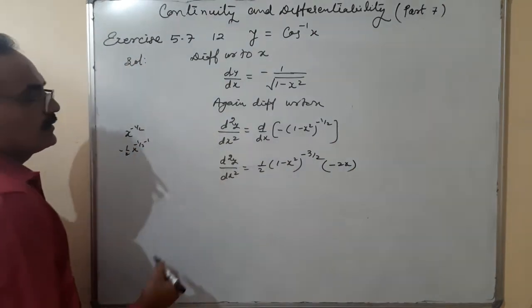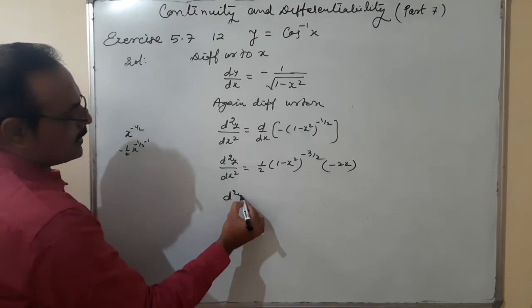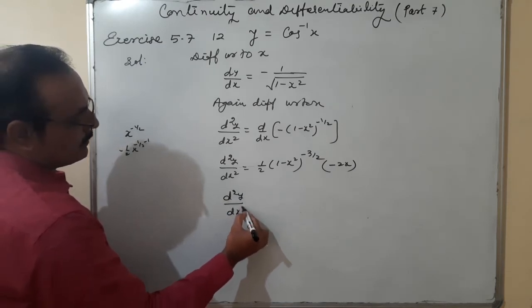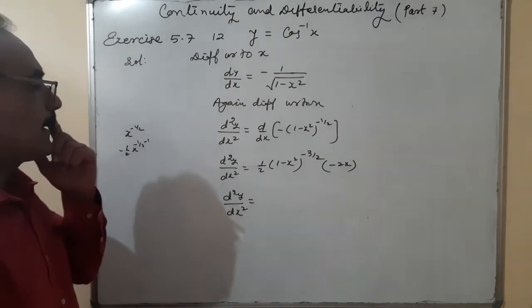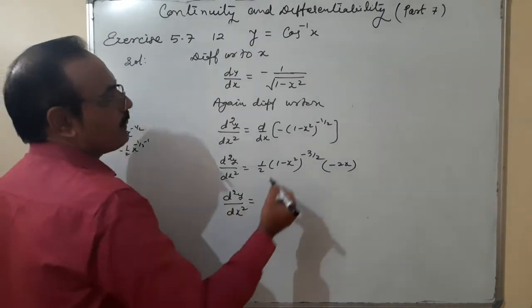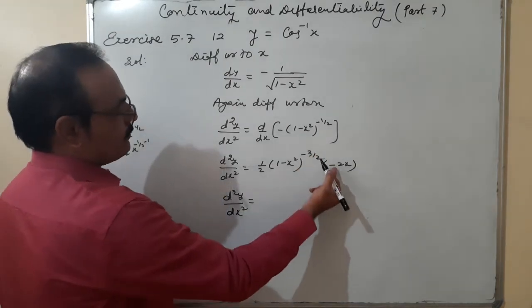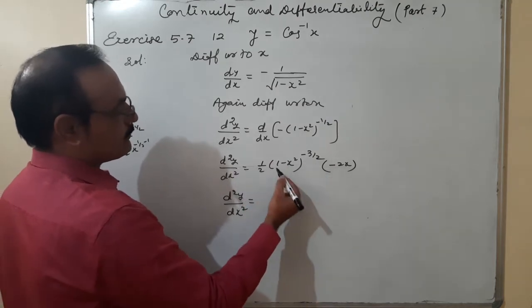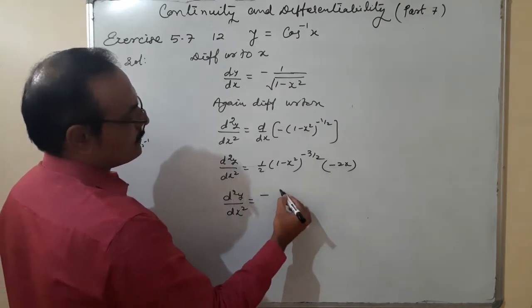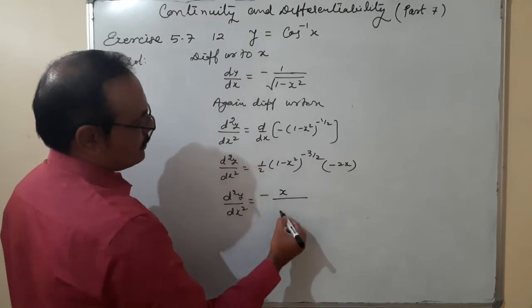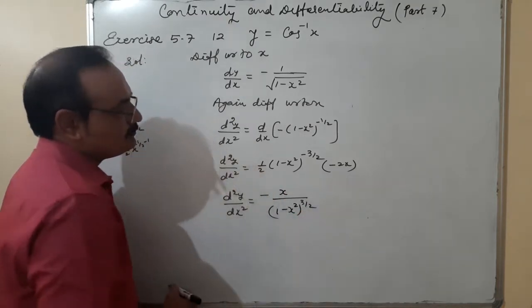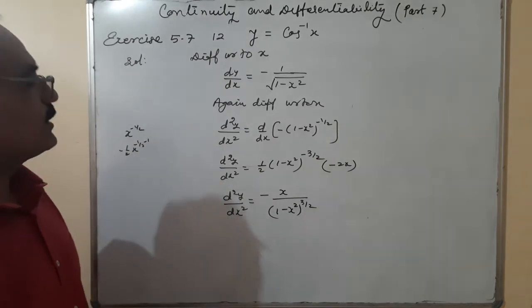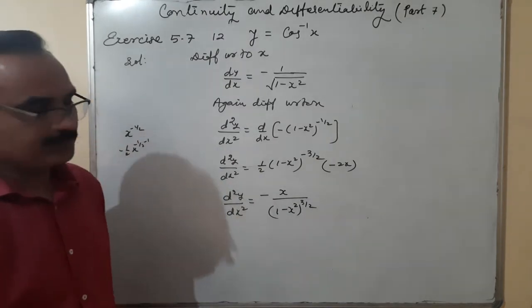So d square y by dx square is equal to, the 2 cancels, minus x upon 1 minus x square to the power 3 by 2.